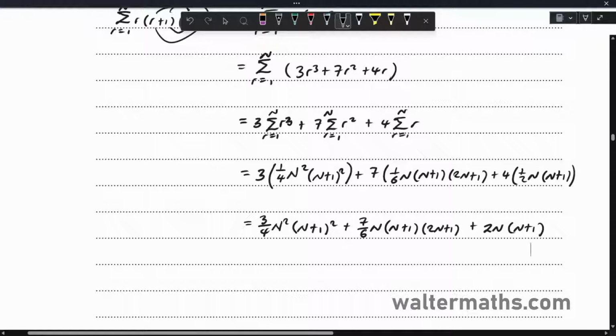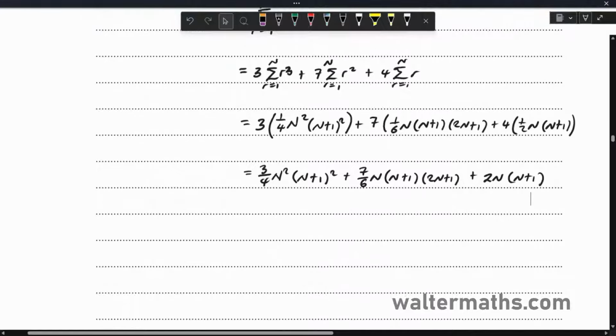Alright, now from all of these terms we are going to factor out a 12th of n plus 1. Okay, let's do that. Which means here if we multiply by 12, 4 goes in 3 times, so that's 9.